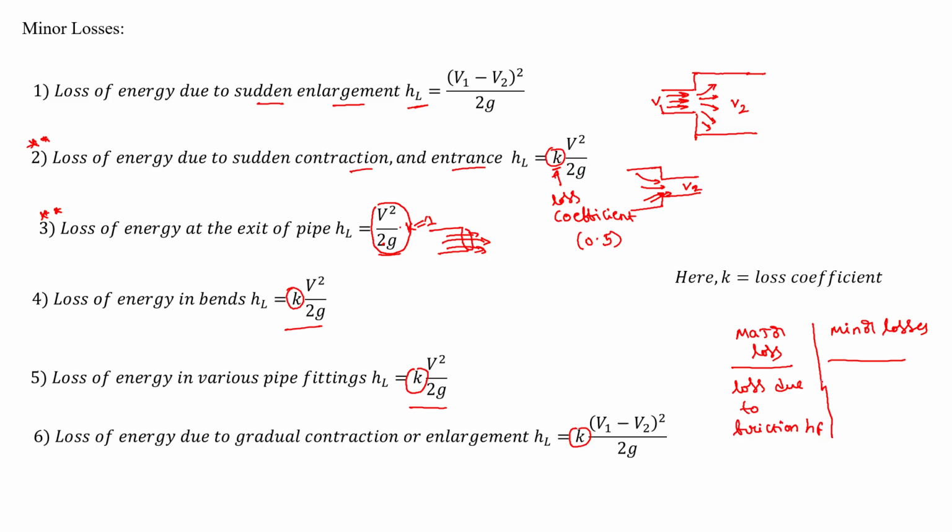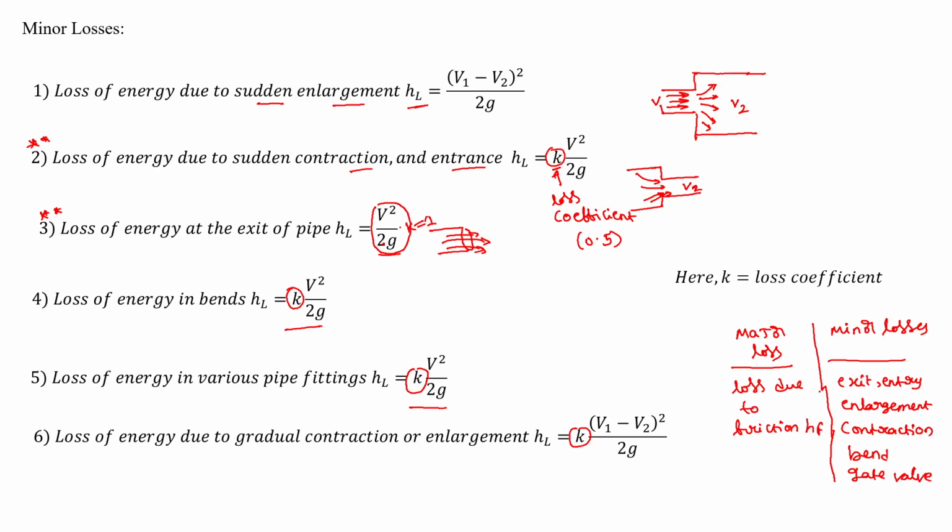And under the minor losses: exit, entry, enlargement, contraction, bend, gate valve.